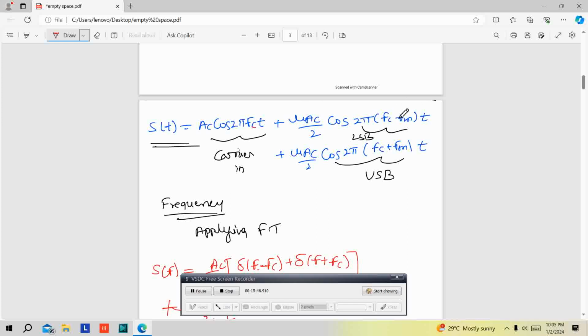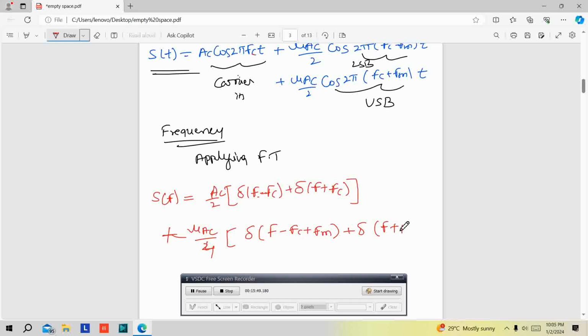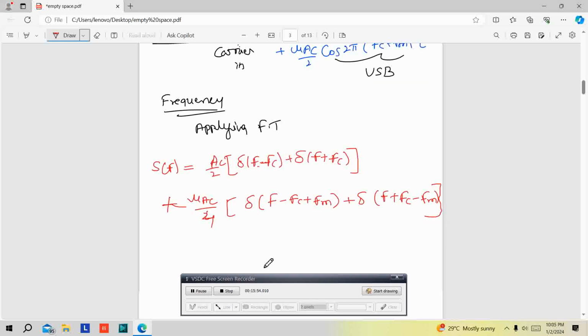Consider this entire thing as fc, so fc minus fm. This is the Fourier transform of the second term.